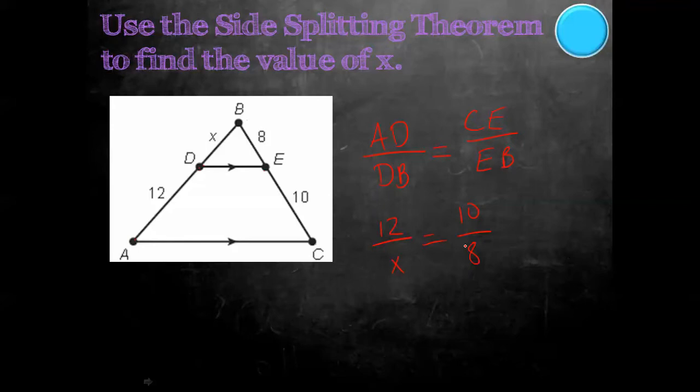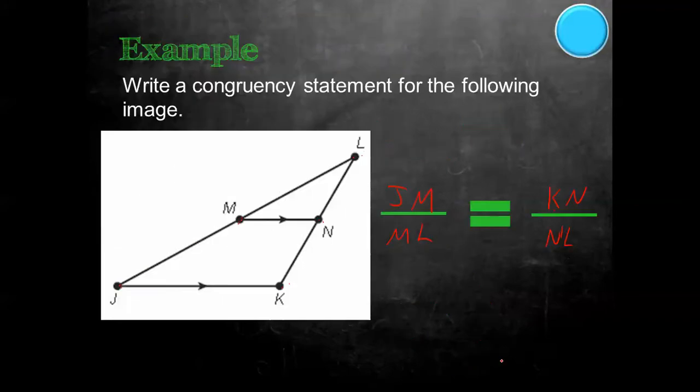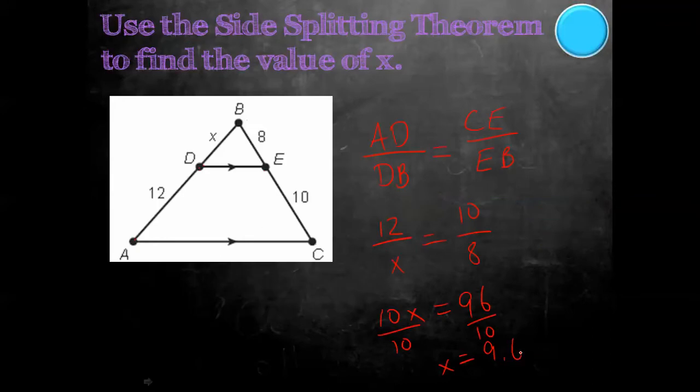So we can take the 10 and multiply it by x, which is going to be 10x. And then we can take 12 and multiply it by 8, which is going to be 96. And then we're going to divide by 10. When you divide 96 by 10, you get 9.6. So x is going to equal 9.6.